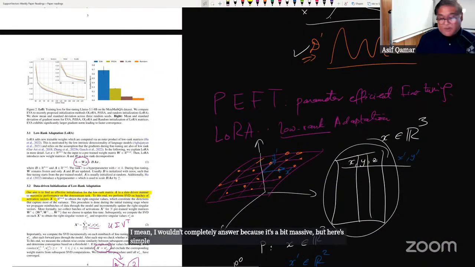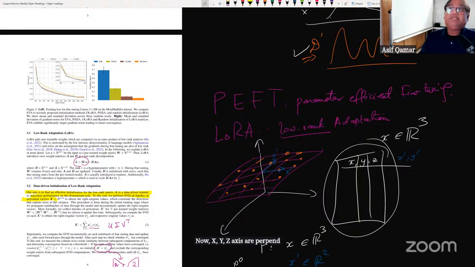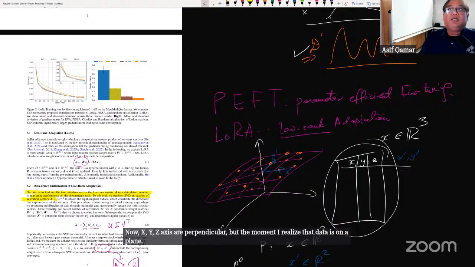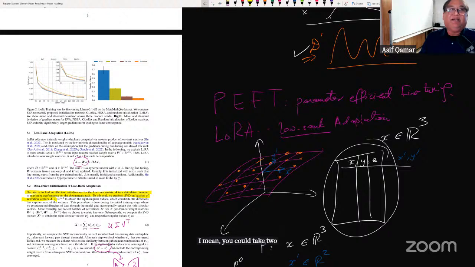Suppose data is on a plane. X, Y, Z axes are perpendicular, but the moment I realize that data is on a plane, you could take 2 vectors which are non-perpendicular, but then there is entanglement between the vectors. The most efficient way to describe the points on a plane is to once again choose 2 perpendicular vectors. So the 2 perpendicular vectors are deliberately chosen because orthogonality gives you a sort of untangled description of the data.